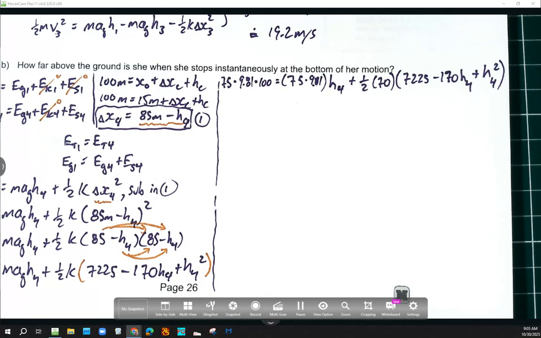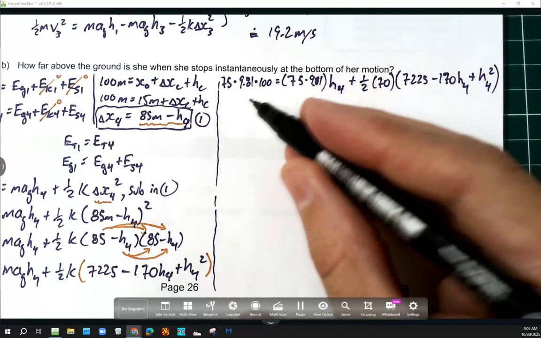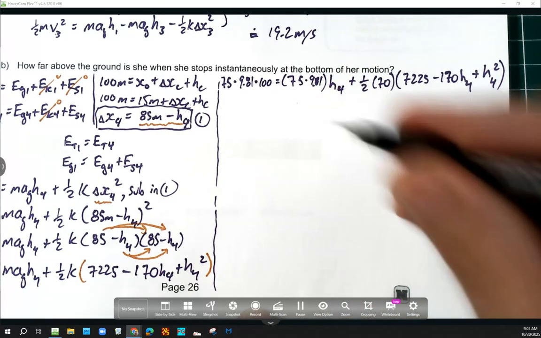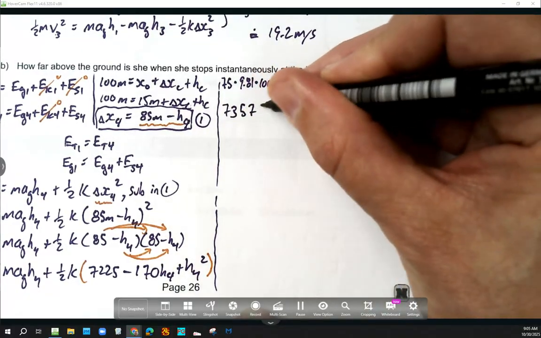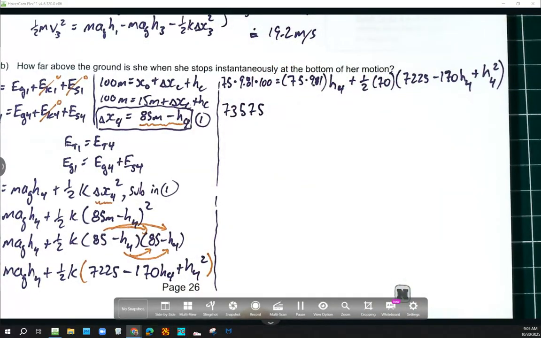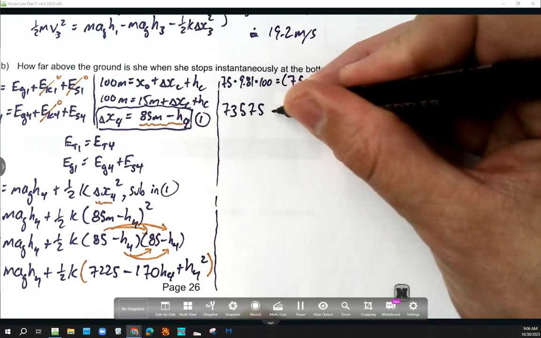And if I wanted to collect all these terms together, I can do a little bit of math, and 75 times 9.81 times 100 is 73,575. I said I did the legwork beforehand because I trust that we can do that multiplication. It's just a 3-term multiplication.